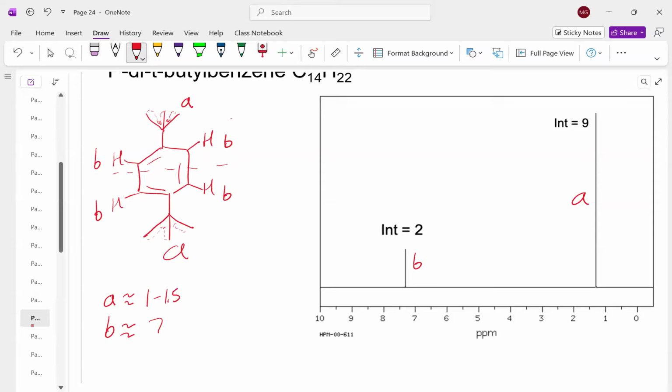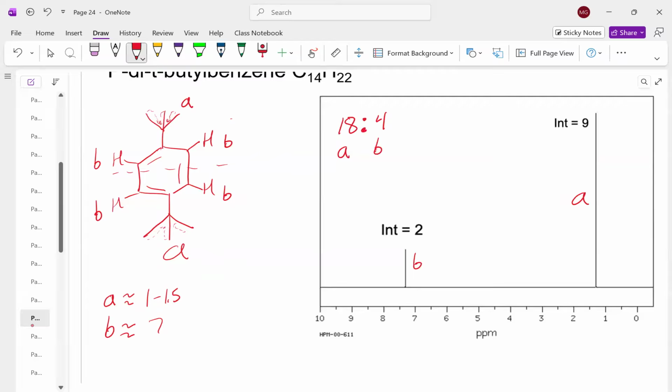Now let's look at the integration values here. So the integration values are 9 for the A hydrogens, 2 for the B hydrogens. But if I add them all up, that's not what it is in reality. How many A hydrogens do I have? I have 18 A hydrogens. And how many B hydrogens do I have? I have 4 of them.